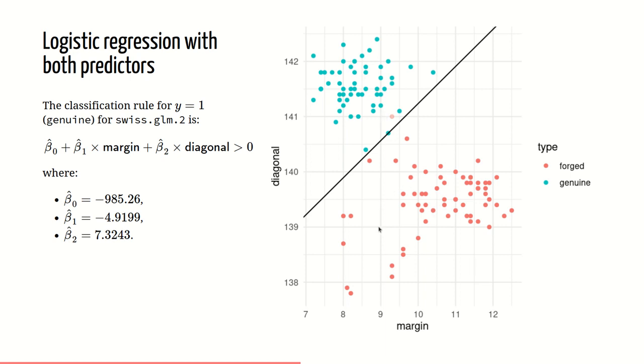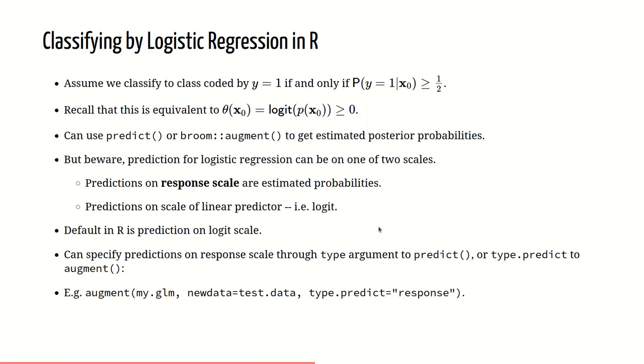Logistic regression, instead, is modeling the relationship between the logit of the probability and the margin and diagonal using a linear regression. So we classify y equals 1 if and only if the probabilities are bigger than a half, which translates down to the linear predictor being bigger than 0.